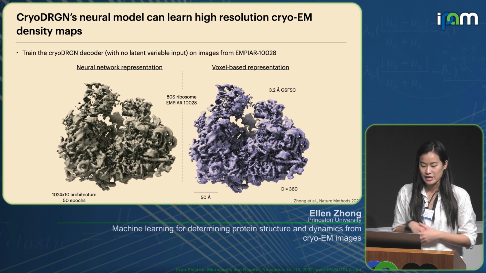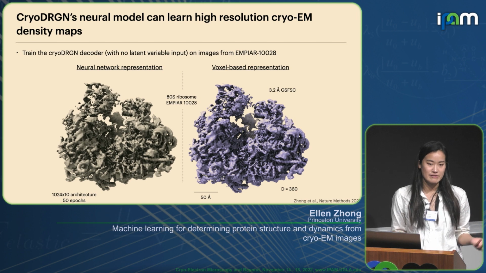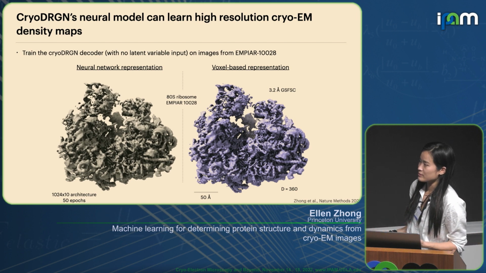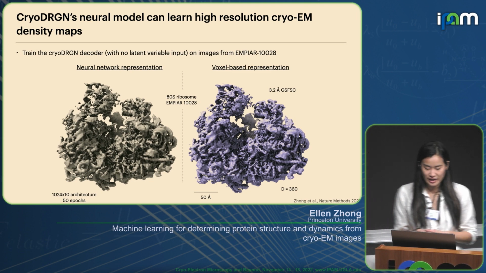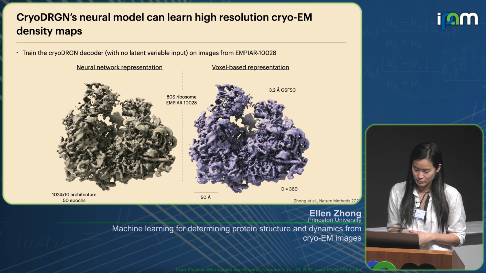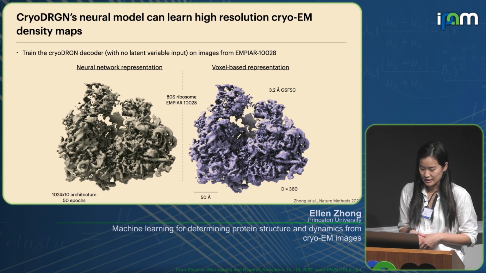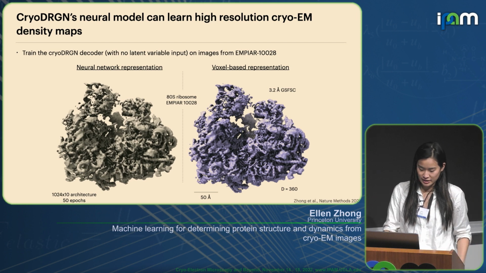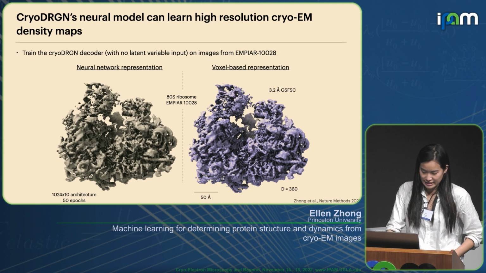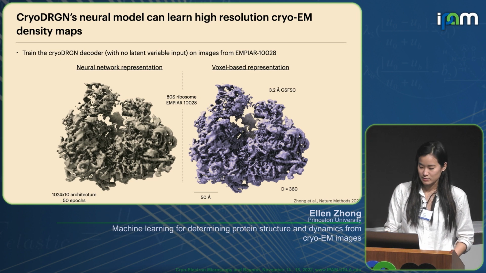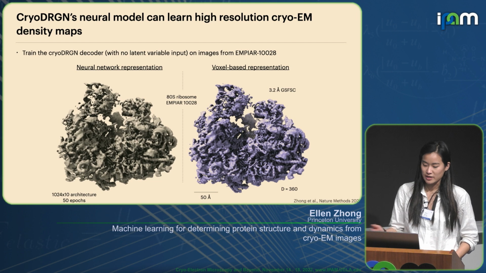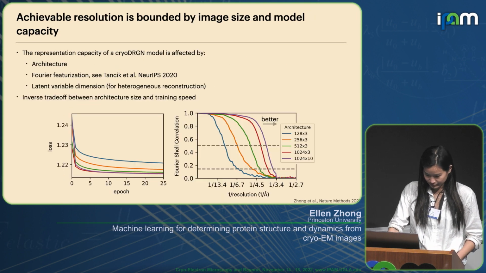We originally just trained the CryoDragon decoder with no latent variable input on the images from this data set. And so the neural representation is here on the left. The voxel-based representation, I believe, from CryoSPARC is here on the right. We can recover the high-resolution details, although it is slightly lower resolution, maybe due to the large box size of this data set.